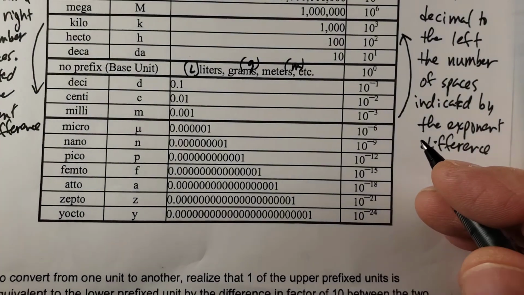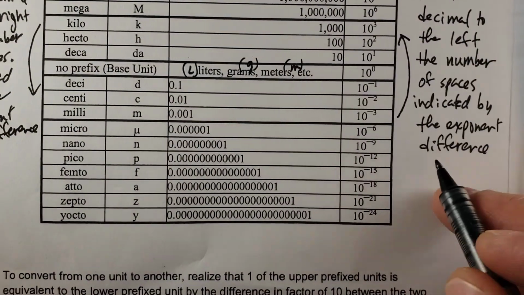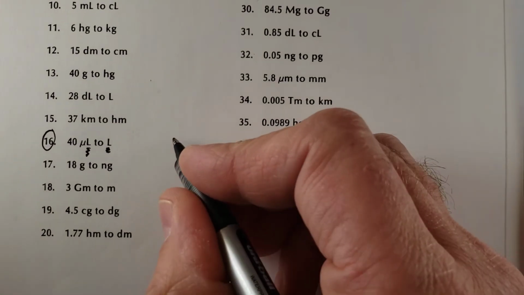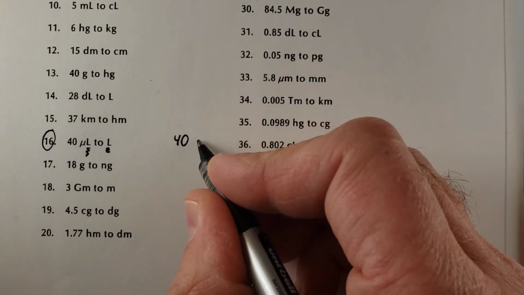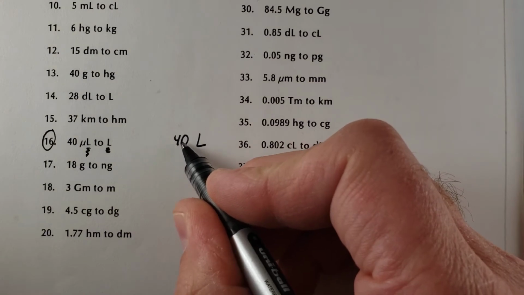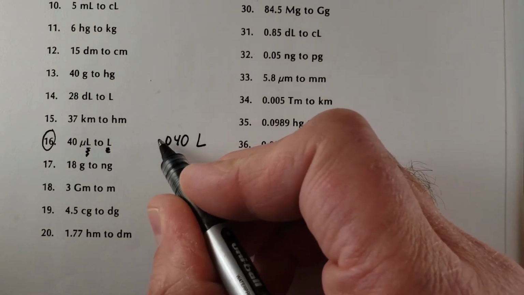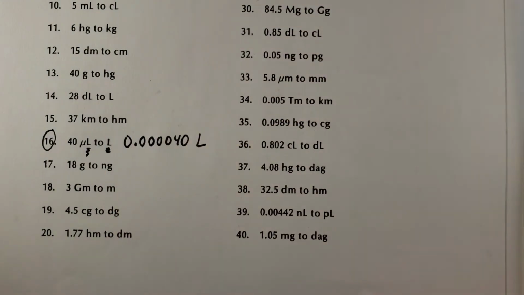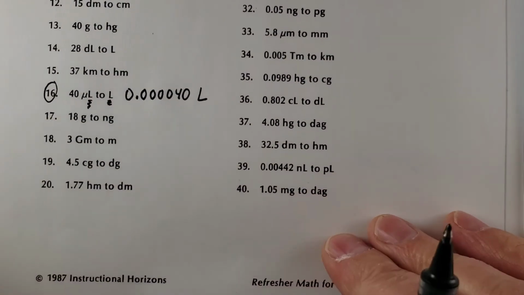That's a movement of 6. We're going up the chart, so the decimal goes to the left, 6. So my number 40 here will be 0.000040. So there we go.